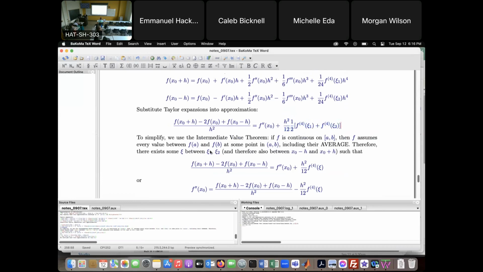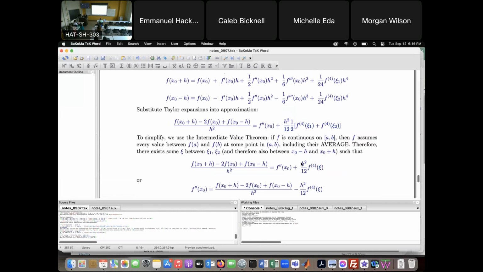Now, c1 is between x0 and x0 plus h, and c2 is between x0 minus h and x0. So both of these together are in between these two points, and this average is also there. So I can replace this average with the fourth derivative at some other unknown point between these two. Now it's called plain old squiggly.